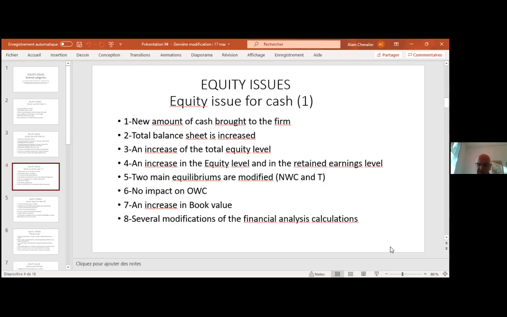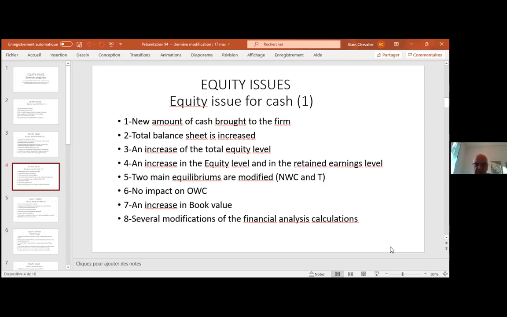It means the long and medium term debt and the level of net assets. And of course, you increase the value of T, because you increase the value of the cash level, not of the short-term financial debt. But point 6, there is no impact on the operating working capital.